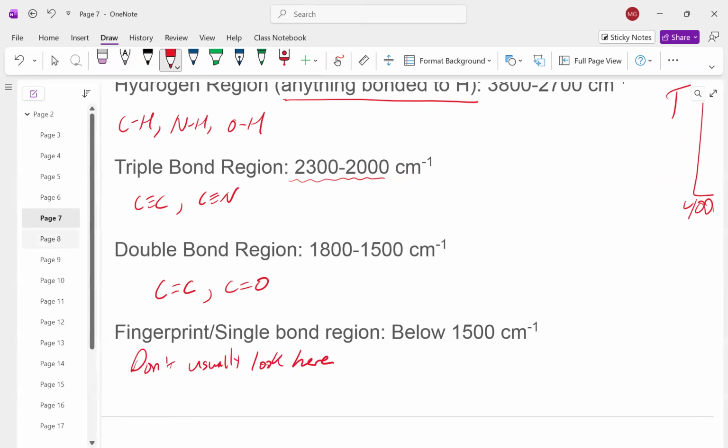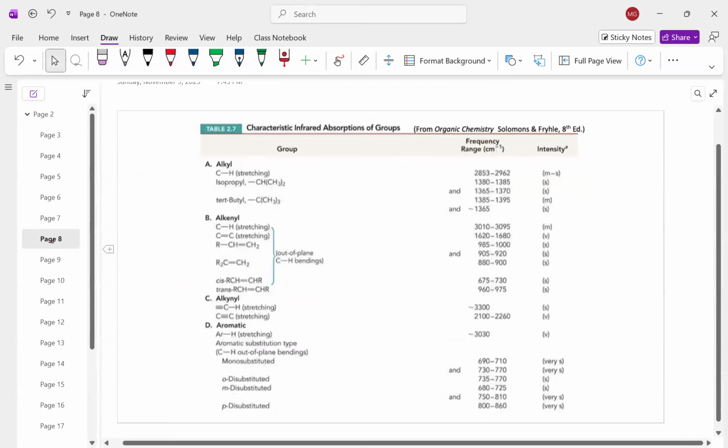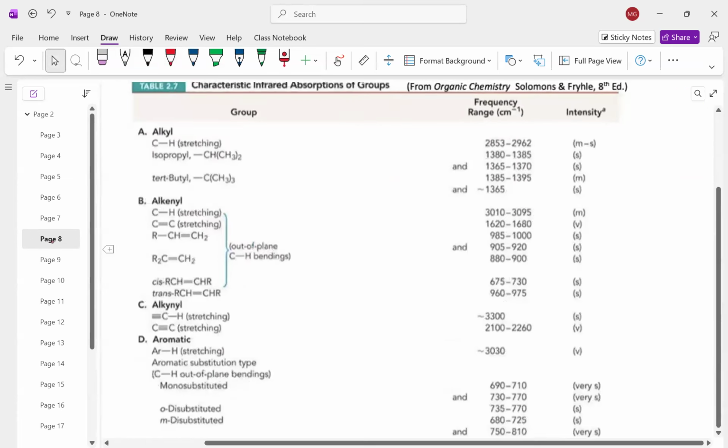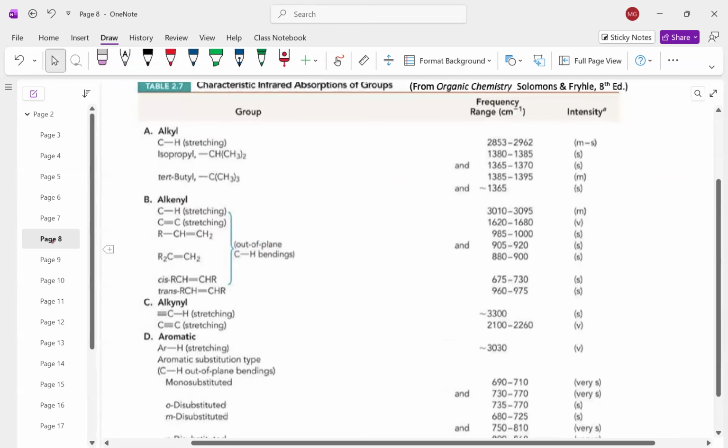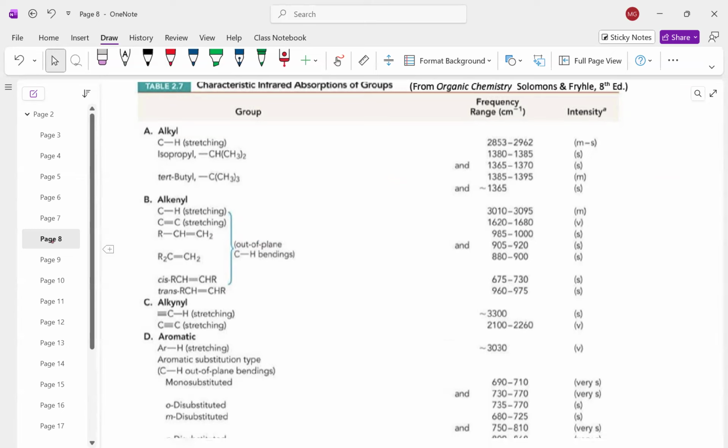So what are the important absorptions to know? You'll probably find a table somewhat similar to this in your textbook, and you look at it and say, do I really need to memorize all of this? And no, you don't. In fact, I would commit very few of these to memory.